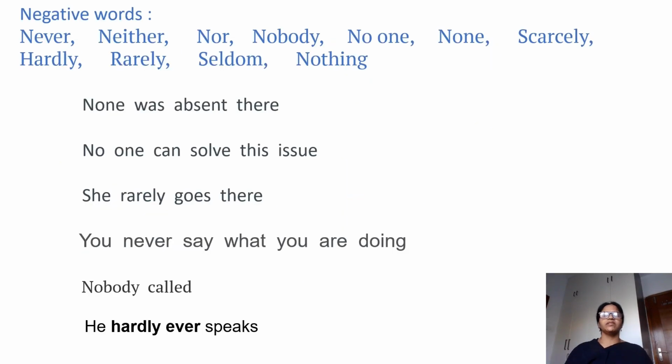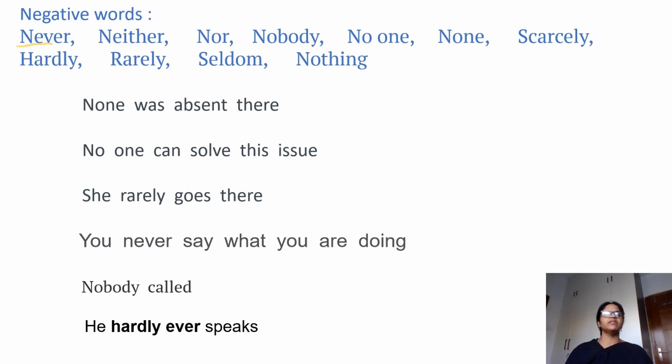There are certain sentences that don't have no or not in them, but they are negative sentences. These are certain negative words. If you find any of these words in a statement, it means that particular sentence is negative.